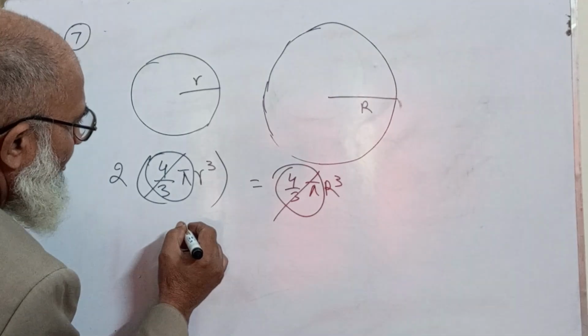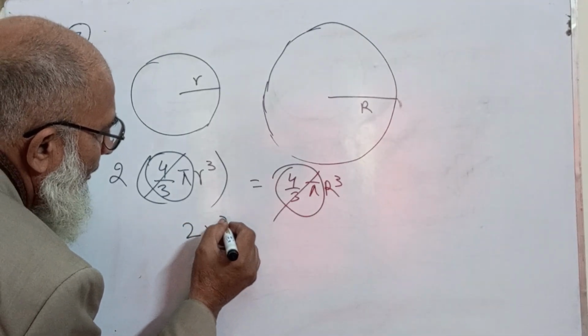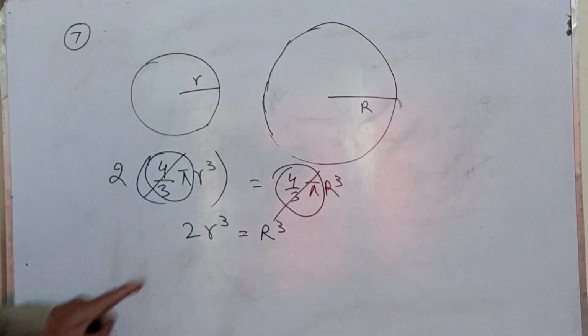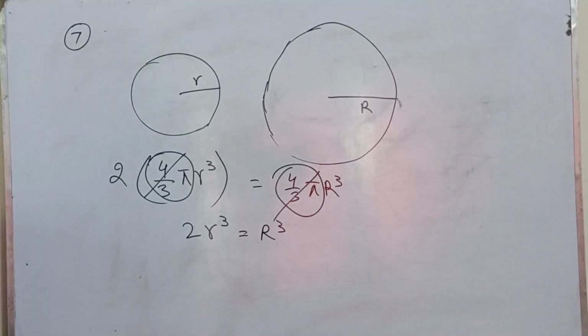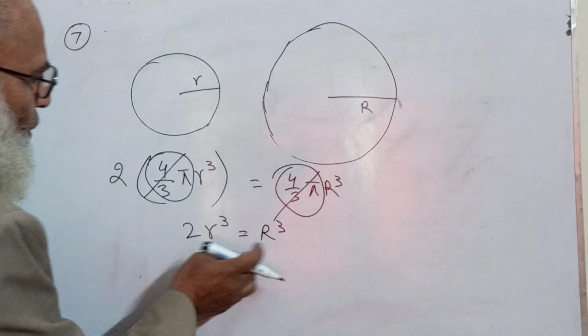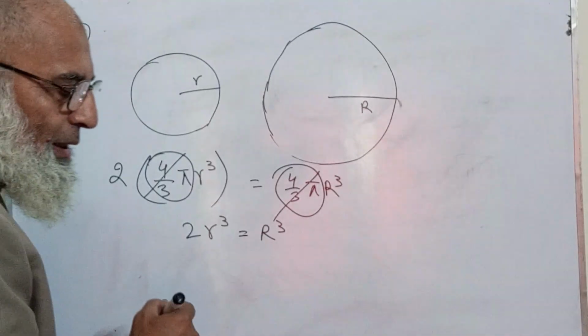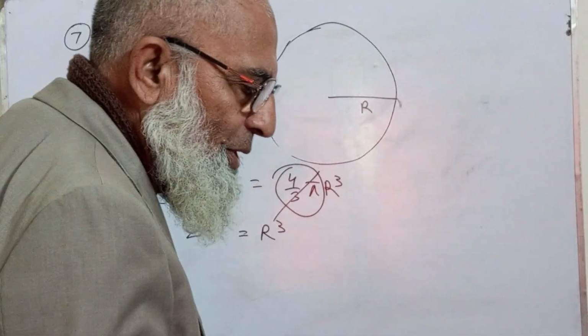So what is left over here? 2 pi r cube is equal to R cube. Capital and small is the difference between them, so we have to find the relation between them.